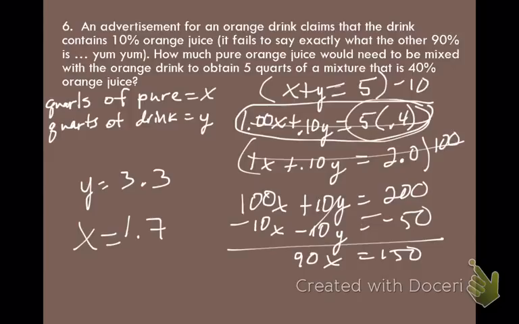And then we had to multiply through by 100 to clear all of the decimals by the time we were done simplifying. And I did elimination again, and I got 3.3 and 1.7, which means that in a complete sentence, you are going to say, we need 1.7 quarts of pure orange juice and 3.3 quarts of the orange drink. Okay?